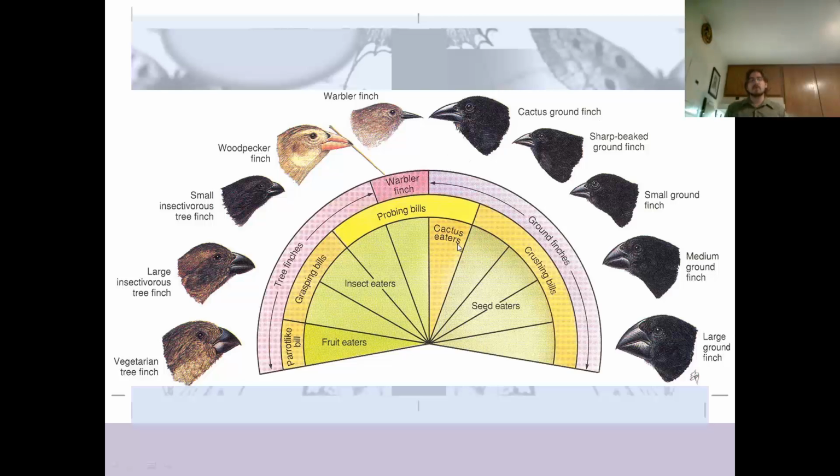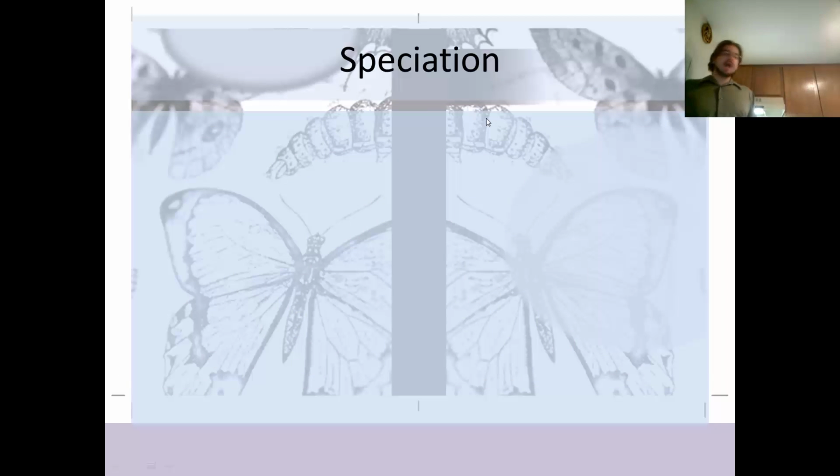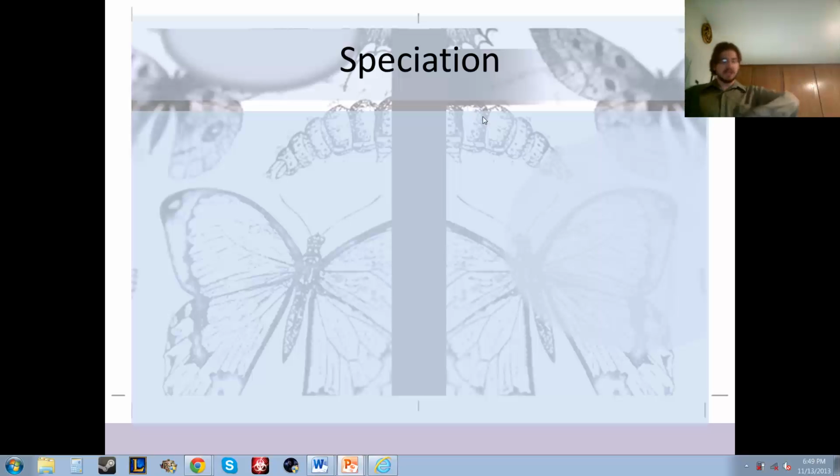And the probing bill for the cactus eater that's still broad for getting through the flesh. I went through all this. Anyway, you see this nice adaptive radiation. So we see all these adaptations accruing in each species.